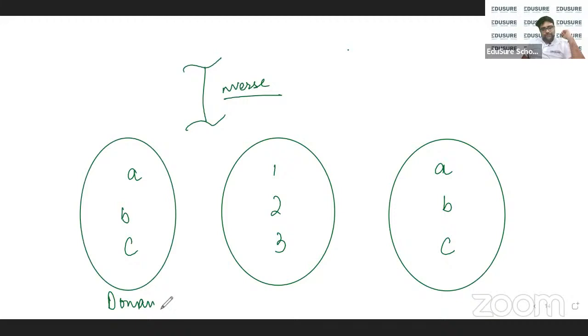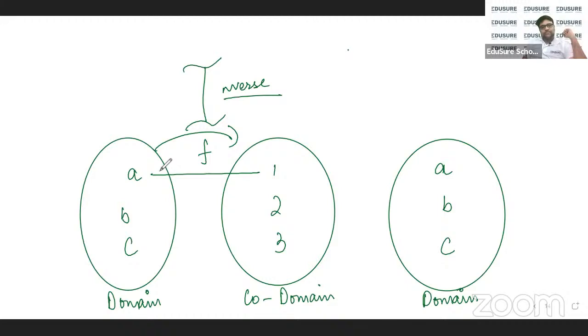Domain, codomain, back domain. So function is basically a mapping which originates in the domain, ends in the codomain. Inverse is the journey of going back.